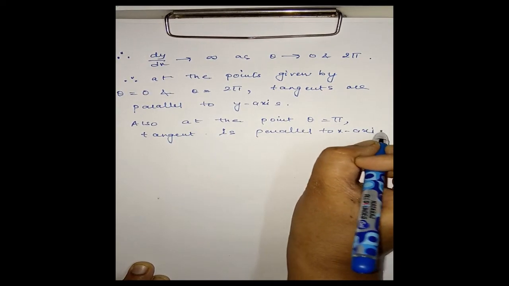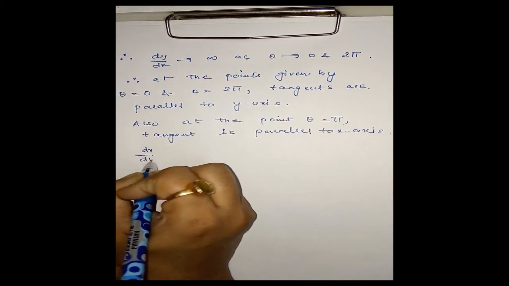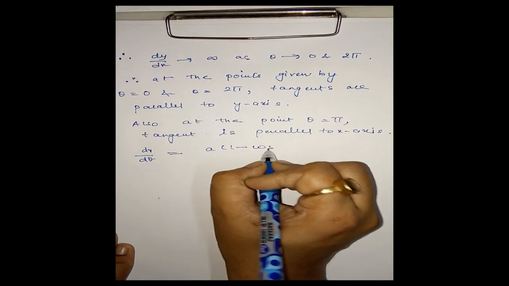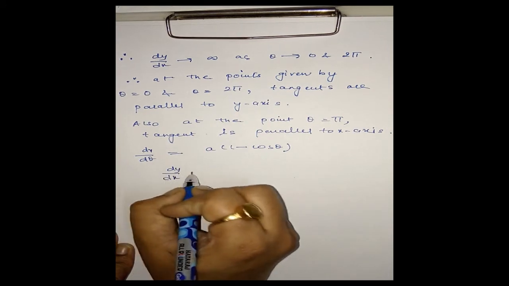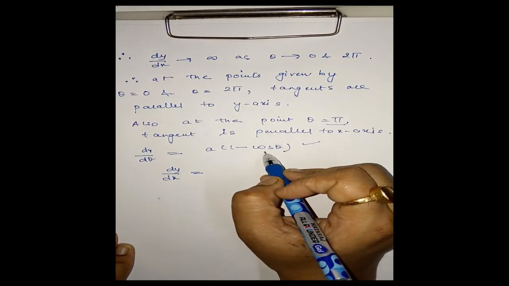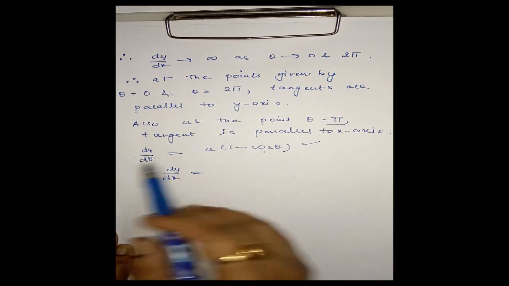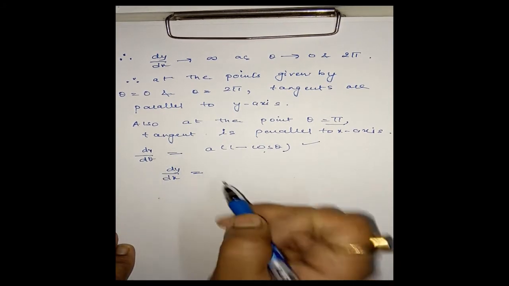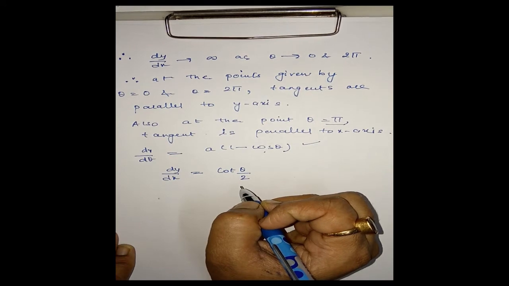Since at theta equal to pi, dx by d theta is a(1 minus cos theta), and cos pi is minus 1, dx by d theta is 2a, which is non-zero. So dy by dx is equal to cot theta by 2, that is cos theta by 2 divided by sin theta by 2.